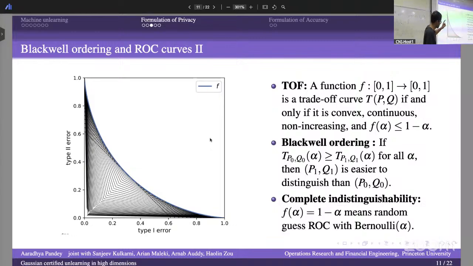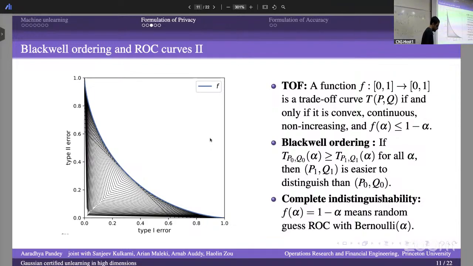We are varying P, Q, and the domain on which they lie, and getting a class of functions. Now we ask what all possible such functions are. It turns out this is a very nice class: a function f is a trade-off curve, meaning there exist P, Q such that f is T of P, Q, if and only if it is convex, continuous, non-increasing, and satisfies f of alpha less than or equal to 1 minus alpha. That means it lies below the diagonal. This is an interesting fact, but we'll not use it.